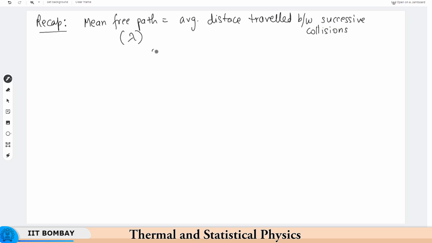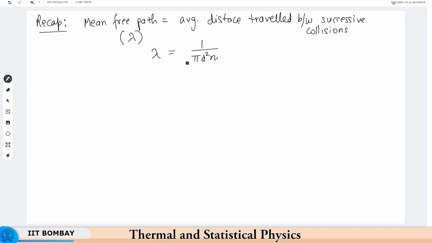And last time we saw that this lambda is basically equal to 1 over pi d squared n, and the coefficient in front of this pi changes the way we model this system. If we assume that all other gas molecules are stationary, then we have pi, but if we assume that all other gas molecules are either moving with some fixed velocity, say v RMS, or there is a Maxwell distribution, then this coefficient changes.